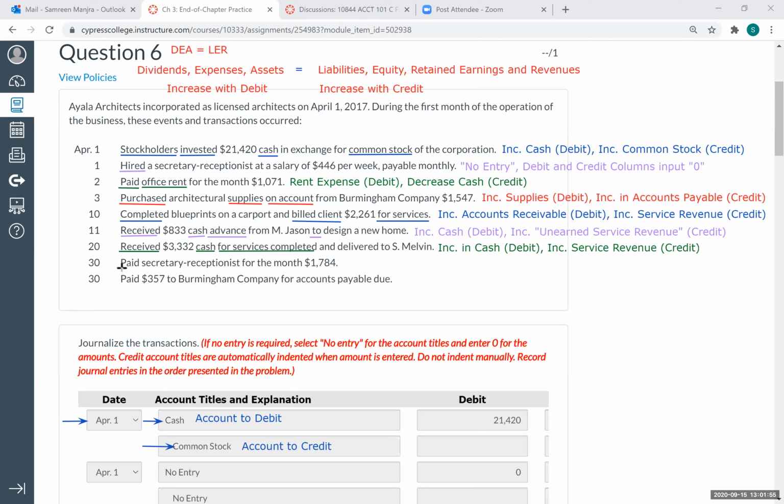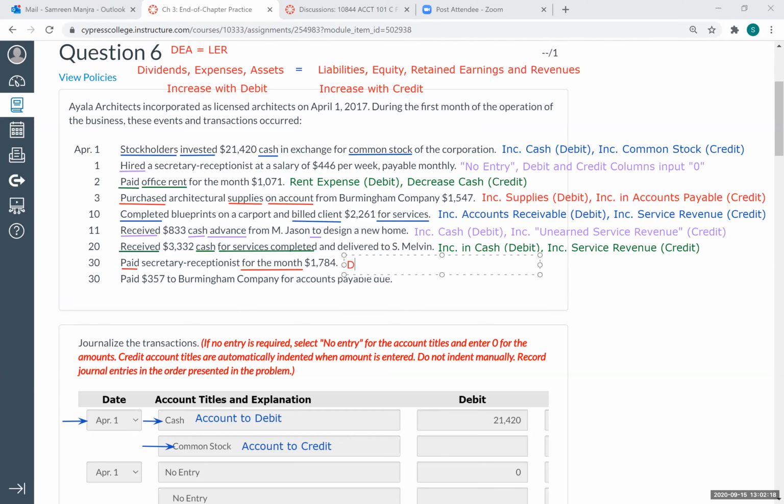On April 30th, the company paid the secretary receptionist for the month, and now we know that that secretary receptionist has worked for the company. So anytime I see the word paid, I know that my cash is decreasing.